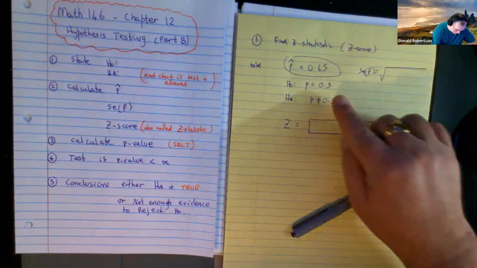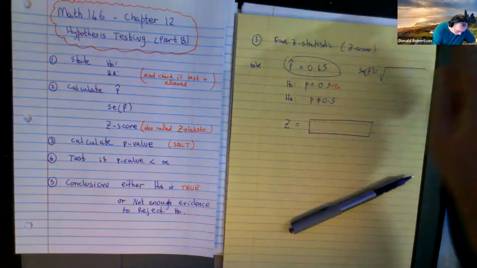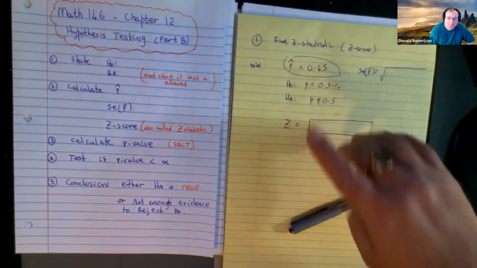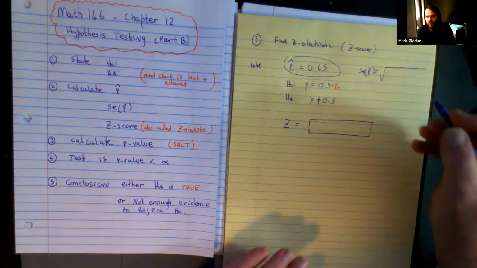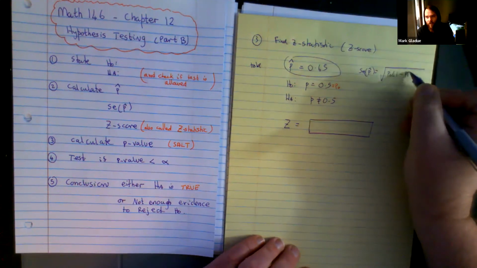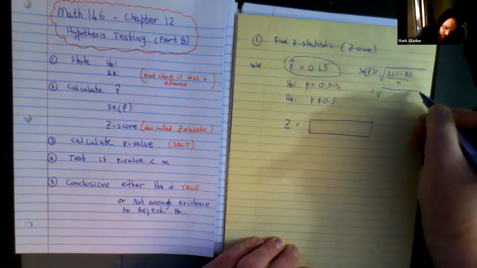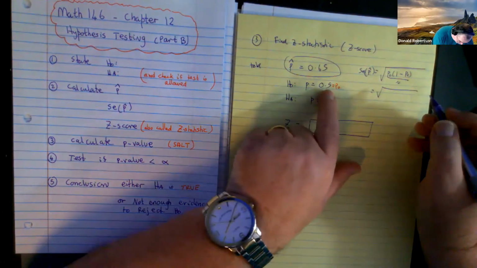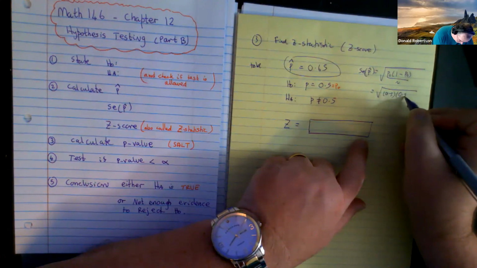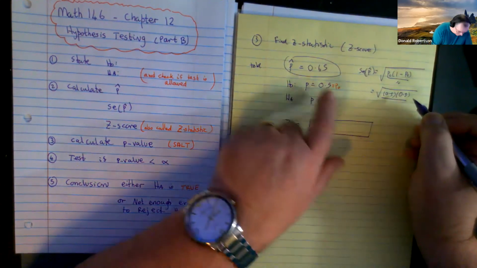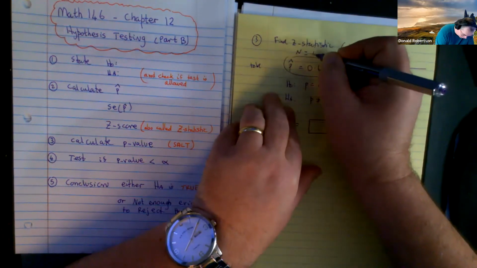Do I use P naught or do I use P hat? P naught. Okay, here we go. And it's 0.5 this time, so it's 0.5 times 0.5. And they actually told us, and I forgot to write it down, that the sample size was 40. So we know that as well.